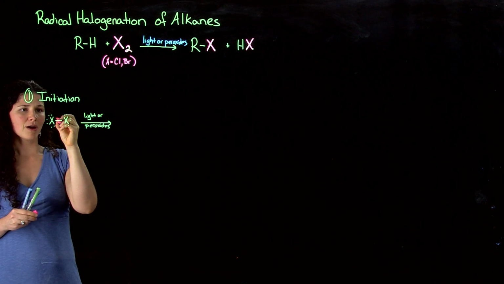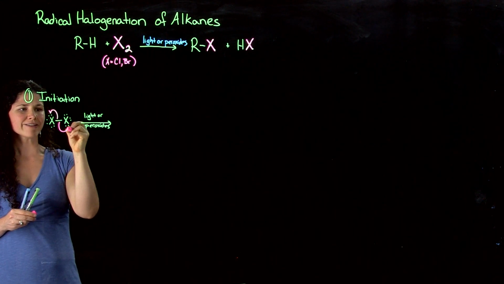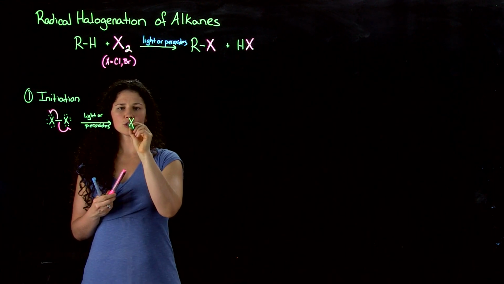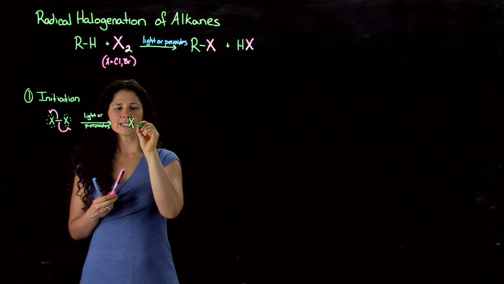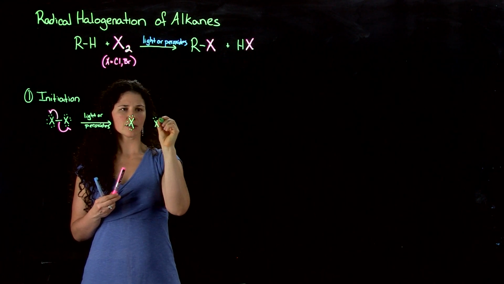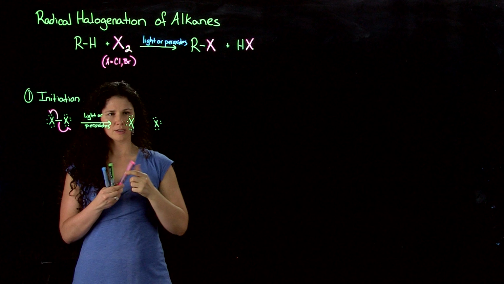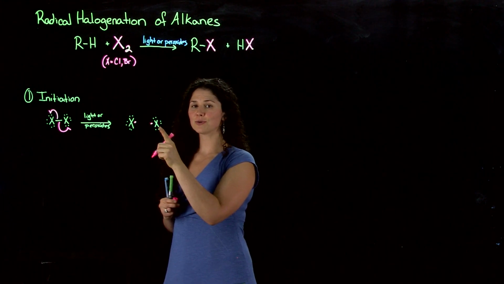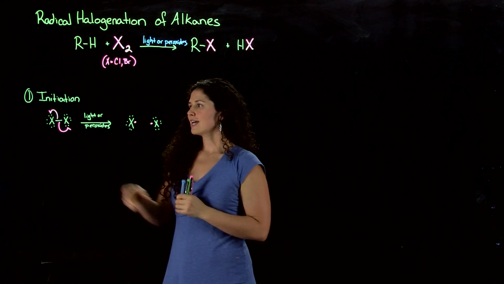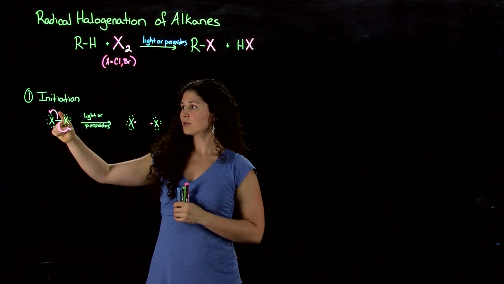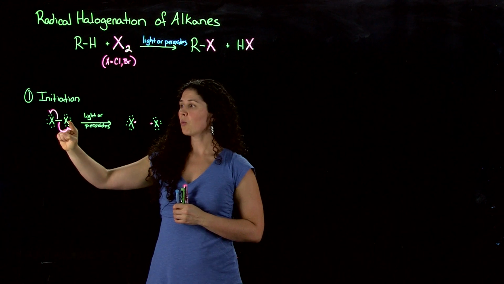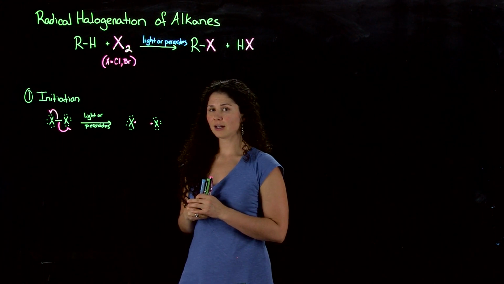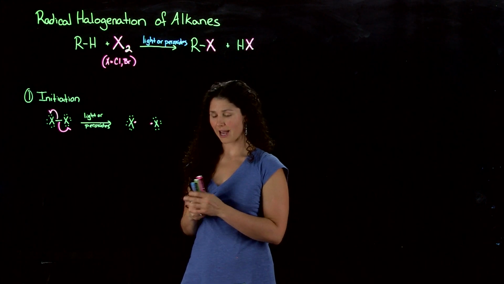That means this bond is broken evenly to either side, and my result is two of these halogen radicals. These two electrons here used to be the bond. Notice I'm using fishhook arrows here, arrows with only one arrowhead, to show that one electron is moving in either direction. That's different than the two-headed arrows that I normally use for polar reactions.